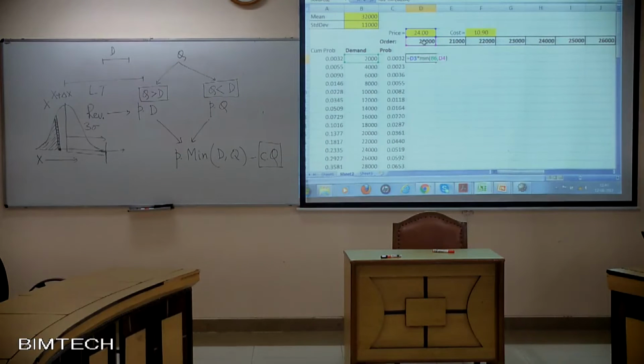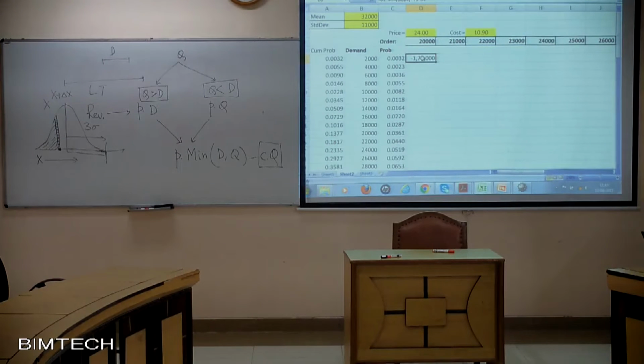So that is my revenue minus my cost, but the cost is going to be unit cost multiplied by the quantity ordered, because the moment you order 20,000, you have committed to 20,000, you have to pay for 20,000, so that is your total cost. And there we are, we get a profit figure of minus $170,000.